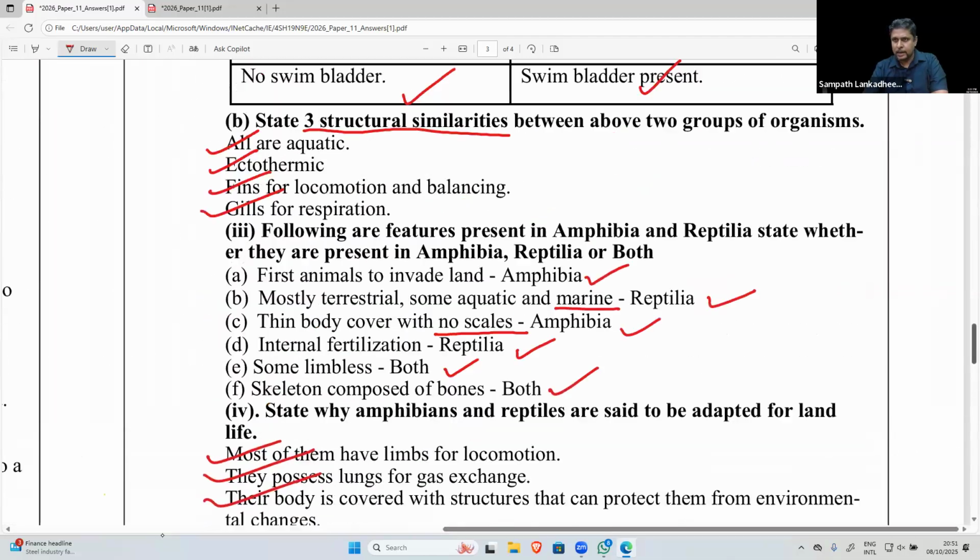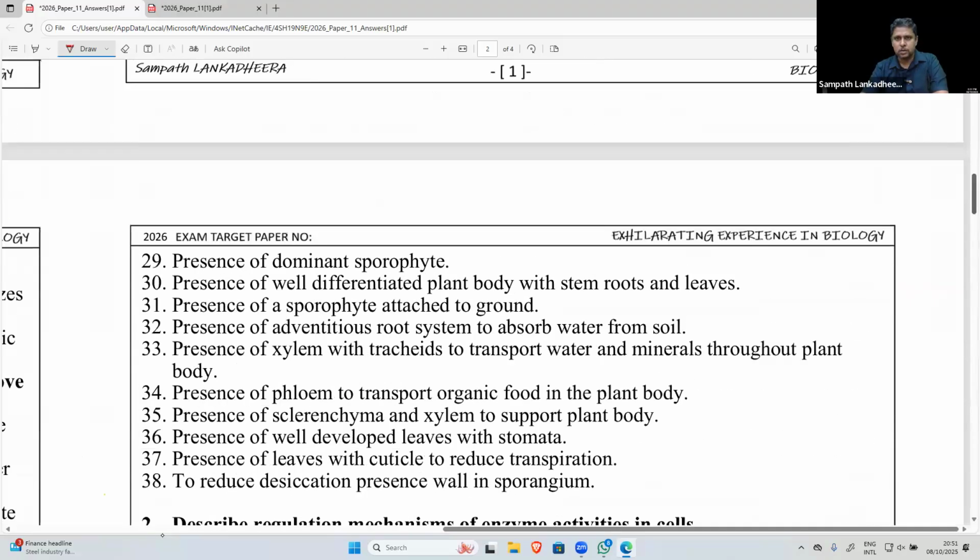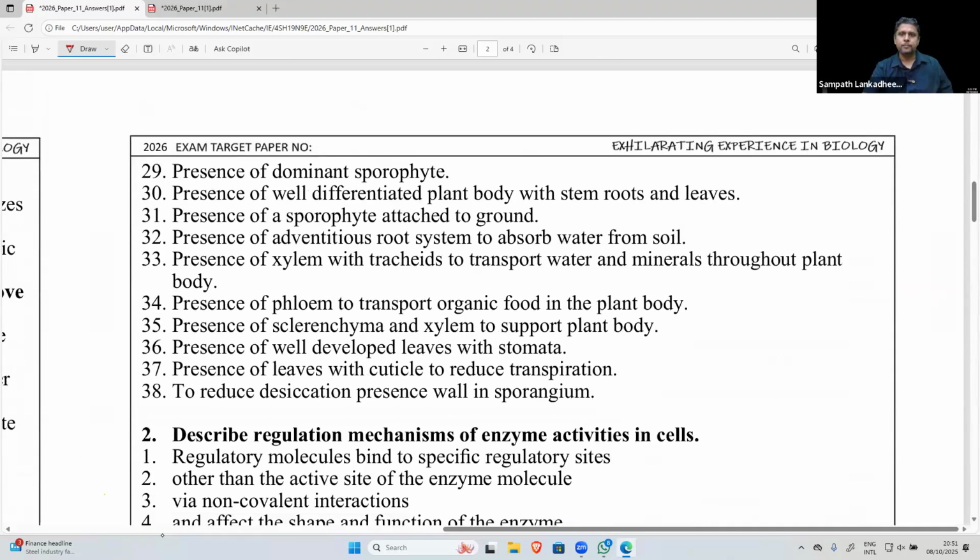Now, people, the adaptations. What are adaptations? What is the question? Adaptations of Nephrolepis compared to Pogonatum for land life. The sporophyte is dominant in Nephrolepis.